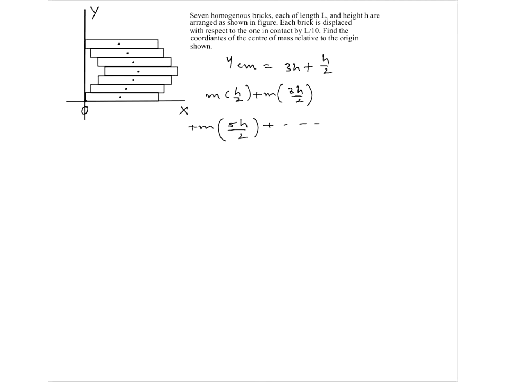And likewise you can complete, dividing by the sum of all masses, 7m. Just see if you get the common sense answer or something different. 7H by 2. See if you get that answer.